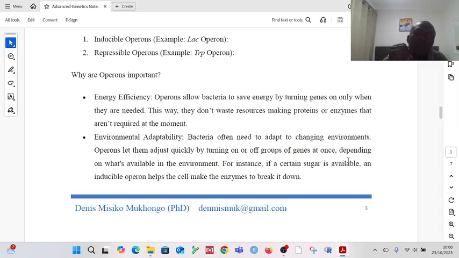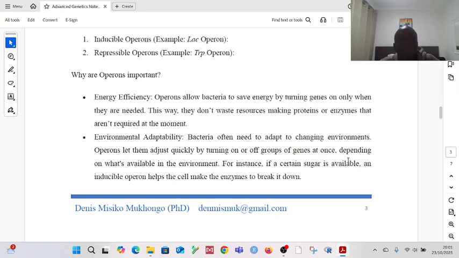The second importance is that the operons help the bacteria to cope with the environment. They aid the bacteria to adapt to the environment. So there is need that a bacteria adapt to the environment because the environment will keep changing. If the bacteria can't adapt, then it will die. It will not survive.